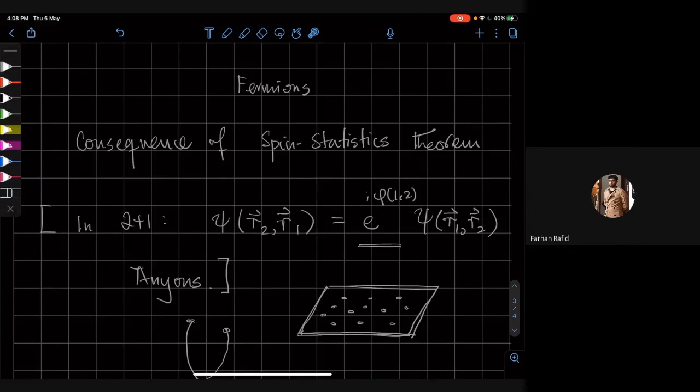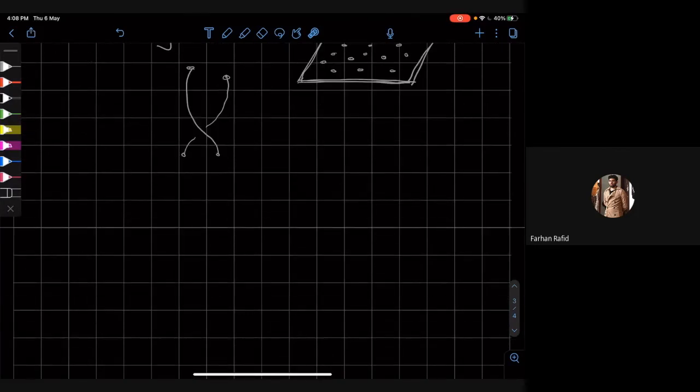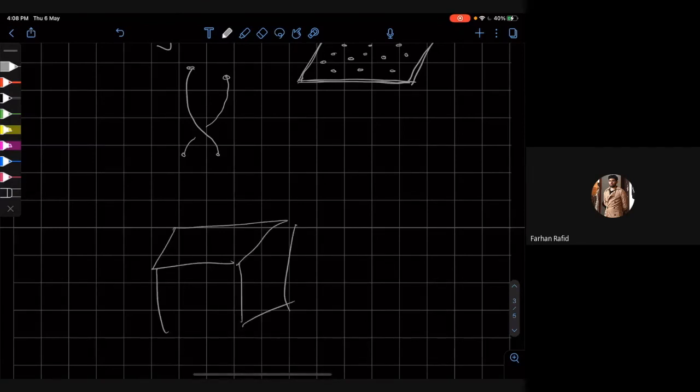But suppose there is, in the multiverse, a 2+1 dimensional universe. There is no reason why anyons don't have to be fundamental there. And strings can have anyonic properties, right? Suppose we are in 3 dimensions, so we have a universe, and the universe has infinite strings going through it.